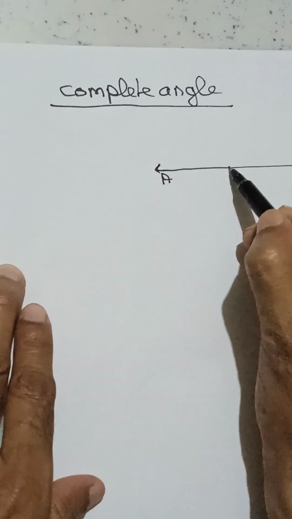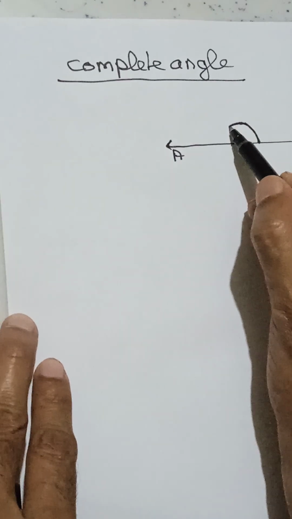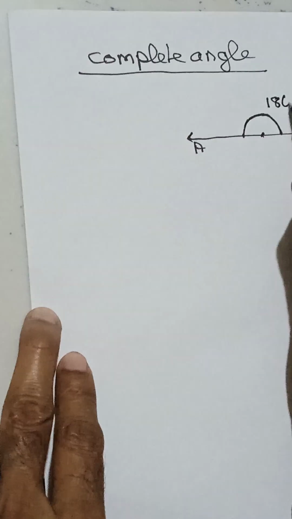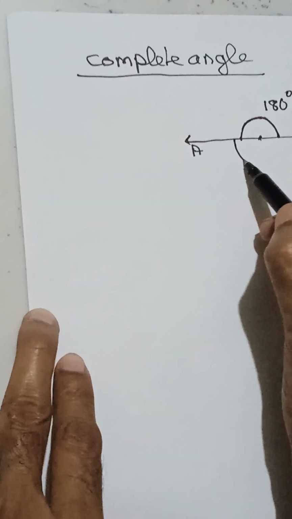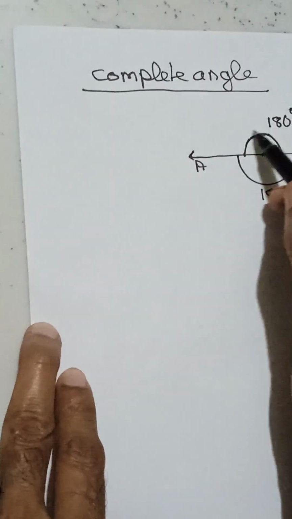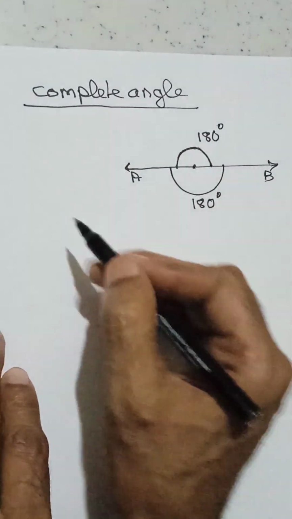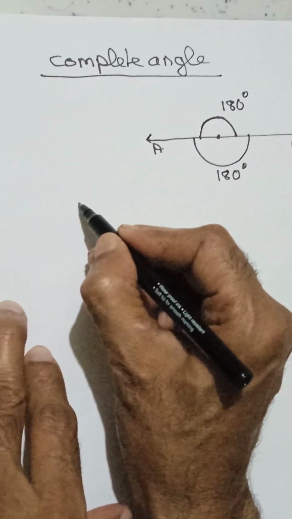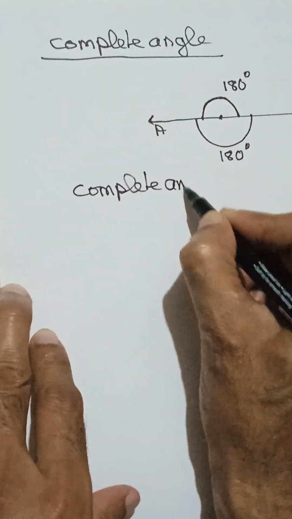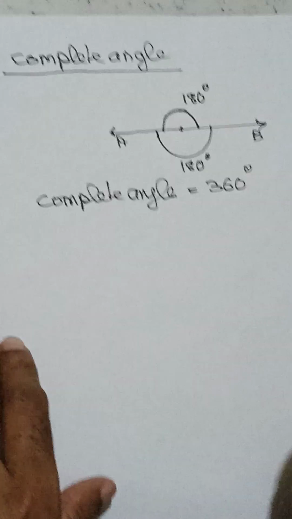Here is some point P. In the previous session, I had explained that it is equal to 180 degrees. So this will also be equal to 180 degrees. And this whole circle will be the complete angle. So a complete angle is equal to 360 degrees.